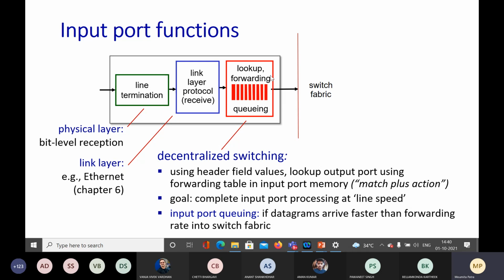Once that is found out, you forward the datagram. So forwarding is one of the tasks. And if a large number of datagrams are arriving very fast compared to how fast the switch fabric can transfer the data to the corresponding output port, then the datagrams need to be queued, and that queuing is also happening here.